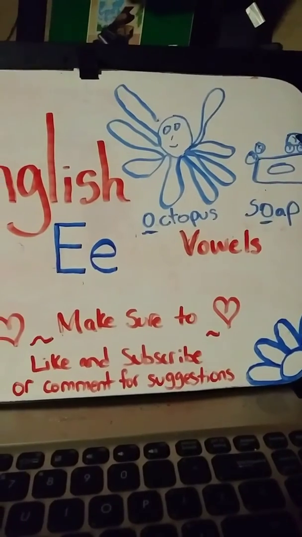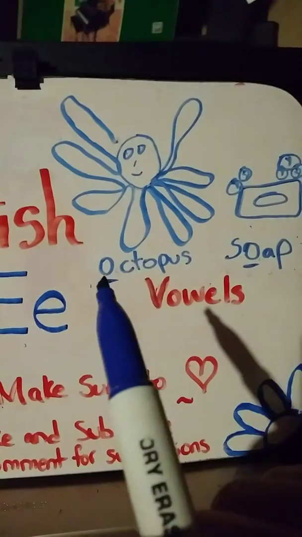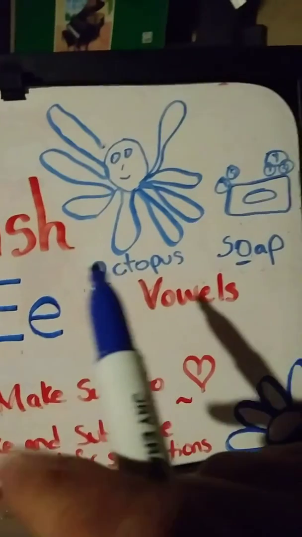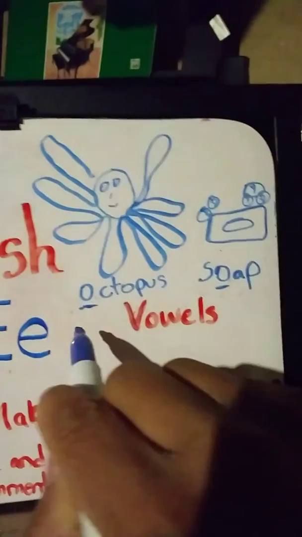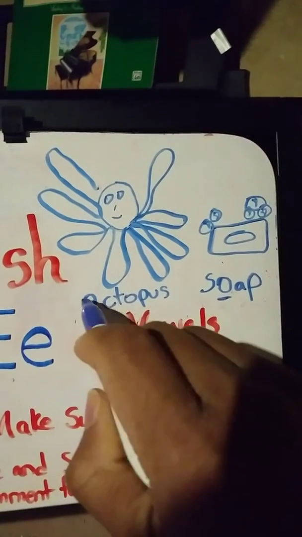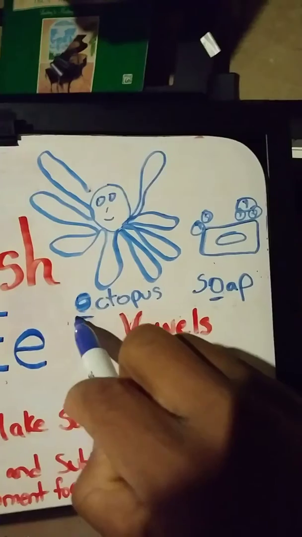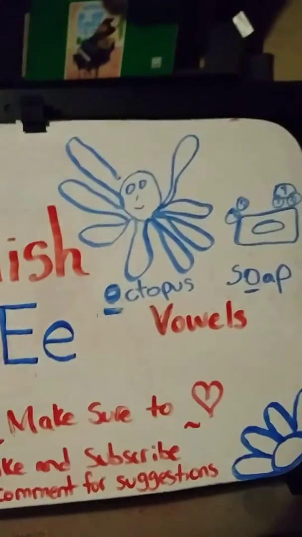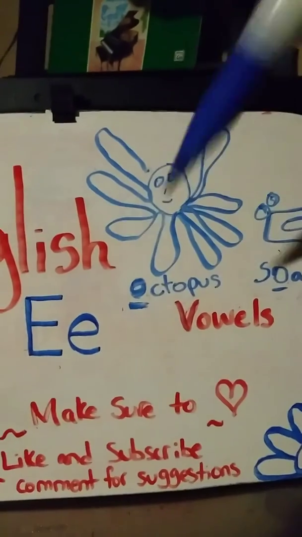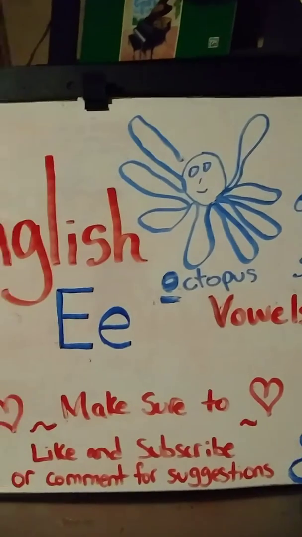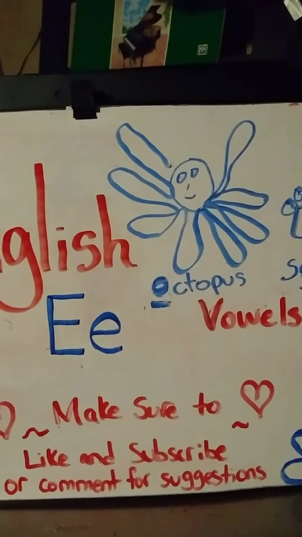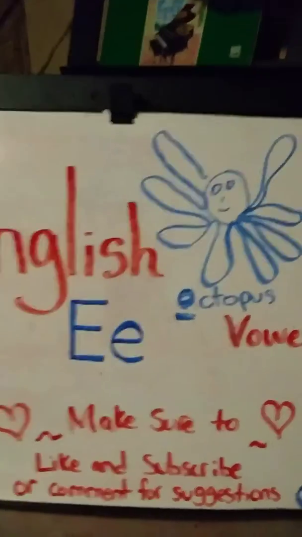Okay, so we have octopus. This is our short O. Can you hear the enunciation of the letter O in short O? Octopus. Now let's move over to soap.